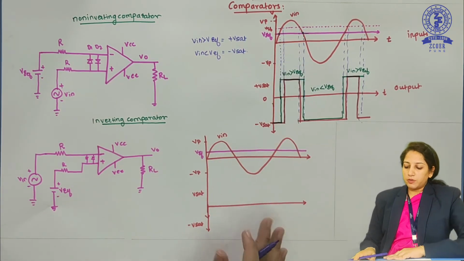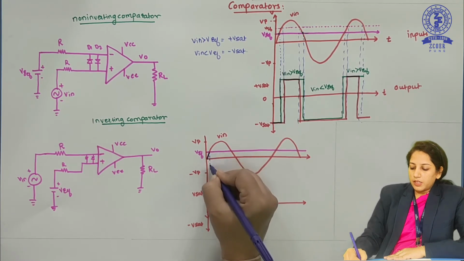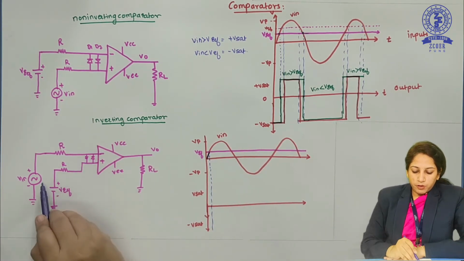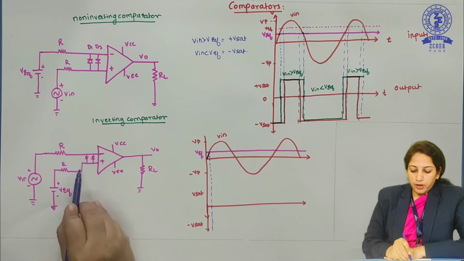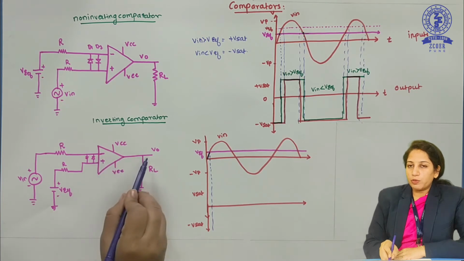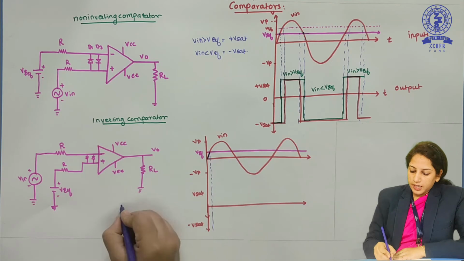So here we will see. Now V in here is less than V reference. For this time period, my V in is less than V reference. So if my V in is less than V reference, that means the voltage on the positive terminal is more, so output will be in plus V saturation.